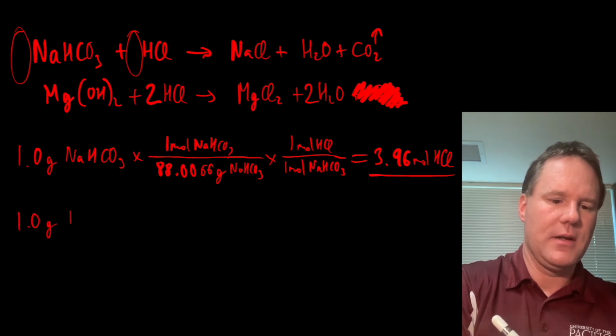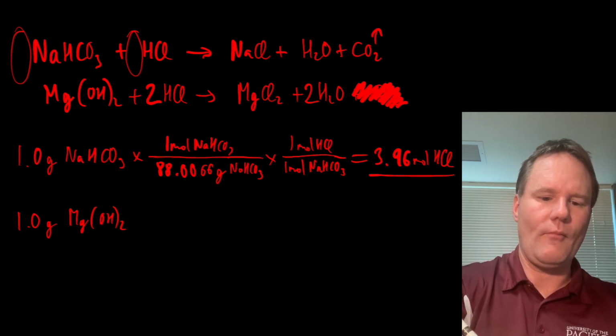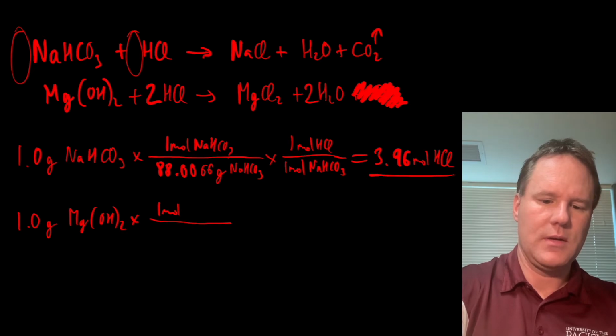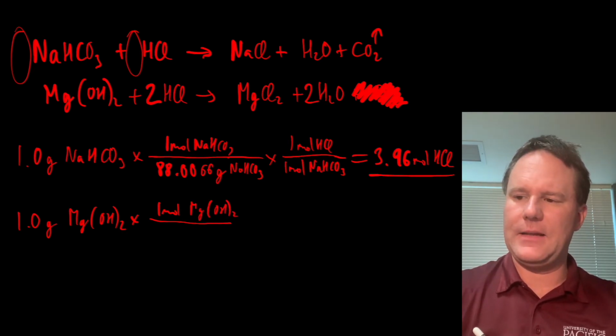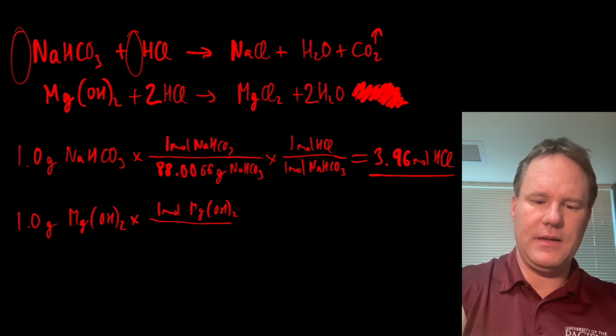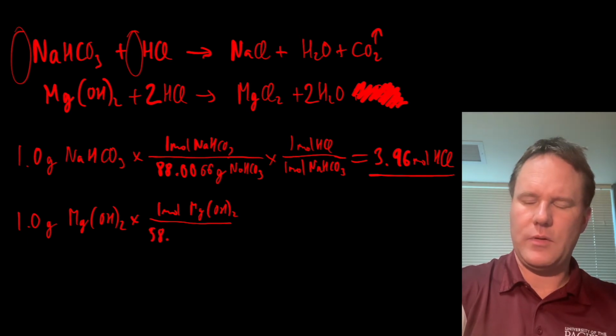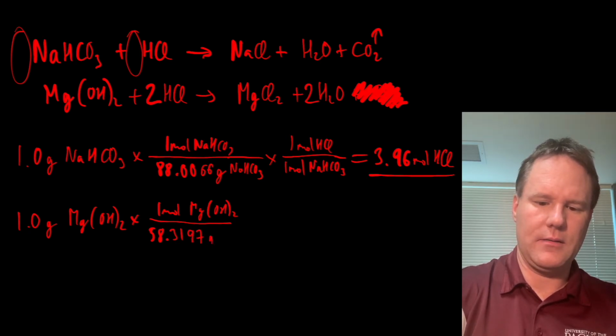1.0 grams of milk of magnesia. And then let's convert it to moles of the magnesium hydroxide. And then 1 mole happens to be 58.3197 grams of magnesium hydroxide.